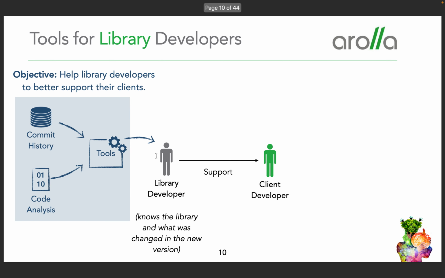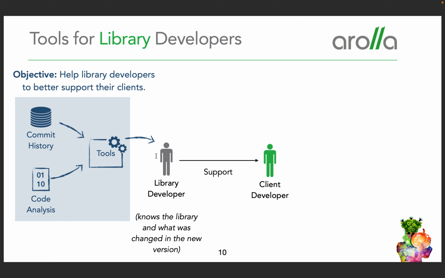In this work, we propose to change the perspective a little bit, and instead of helping client developers, we help library developers. We build our study on the assumption that library developers are motivated, they want to help their clients.